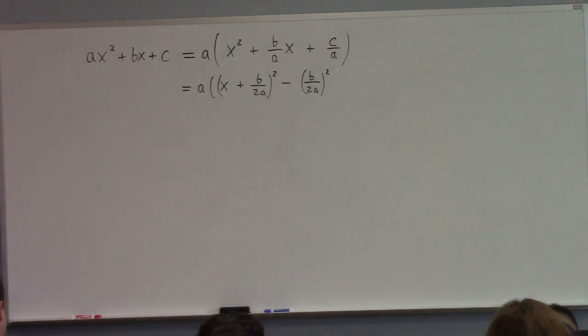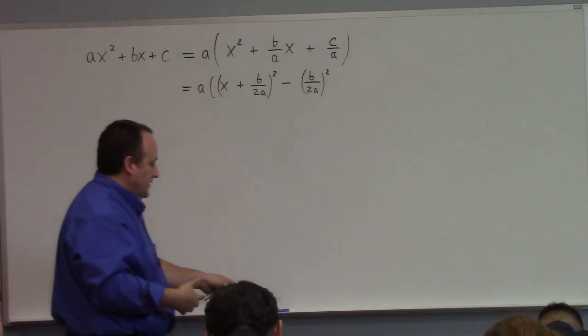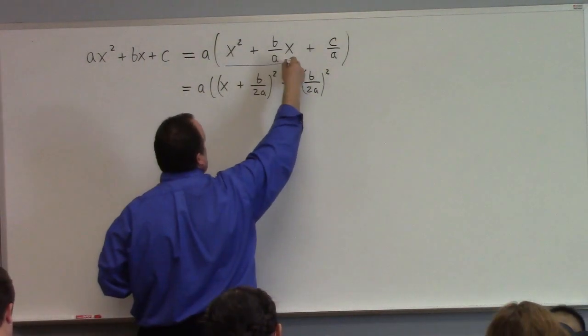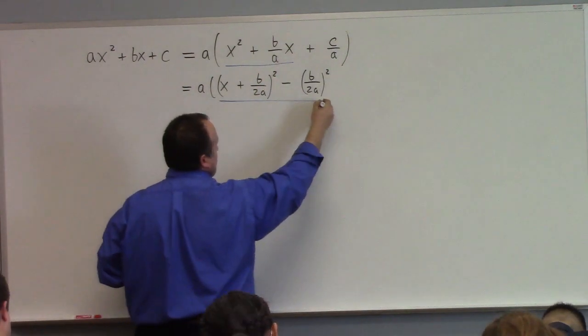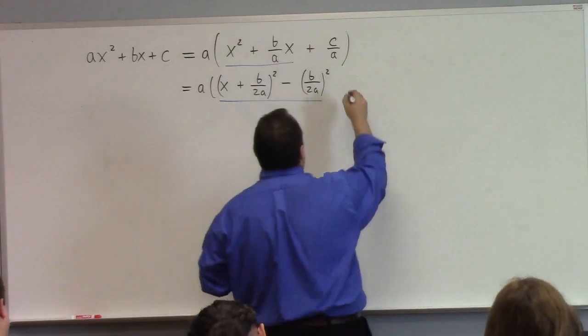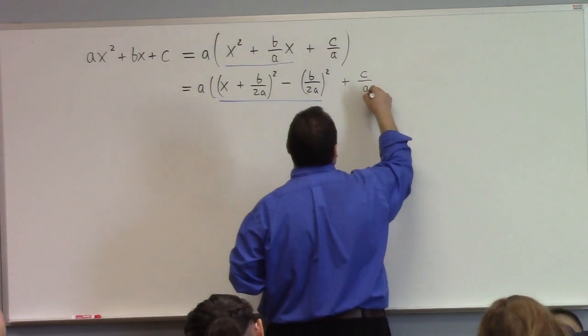I did what I've always been doing up through all the examples today. I simply completed the square on these two terms, and it gave me those two terms. And of course, I still have the plus c over a, right?